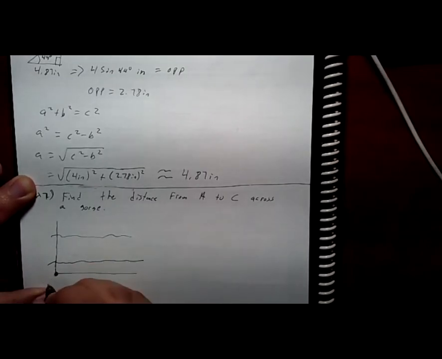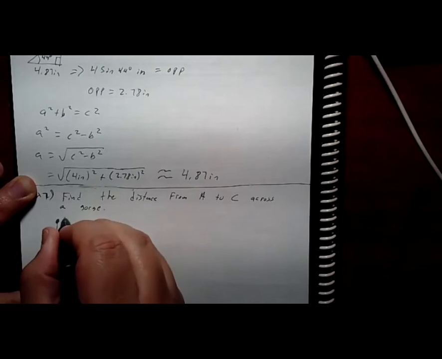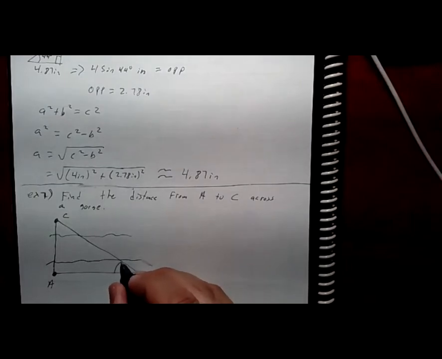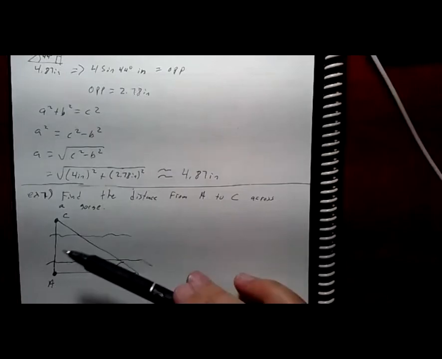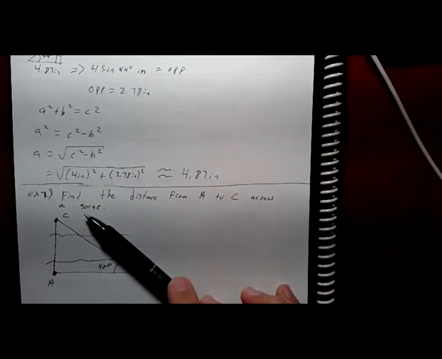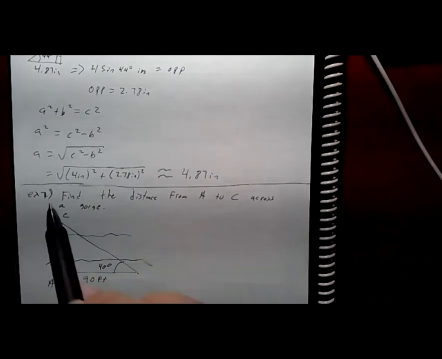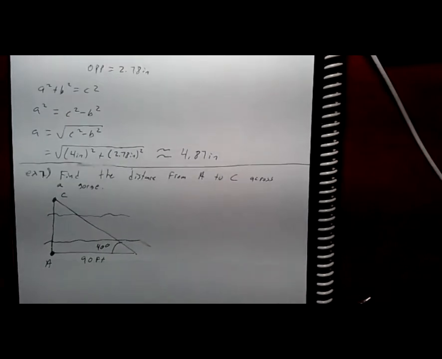This is my point A. This is my point C. They want to know how far it is to cross from A to C, right? And they gave me an angle of 40 degrees here. So you can walk across over here and figure out the angle yourself in real life. And then you can calculate how far it is across without measuring, because you have pre-cal.